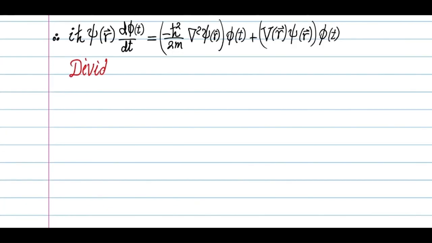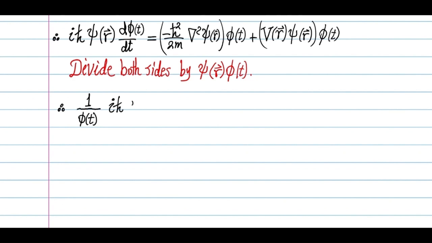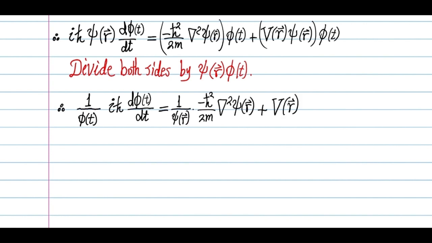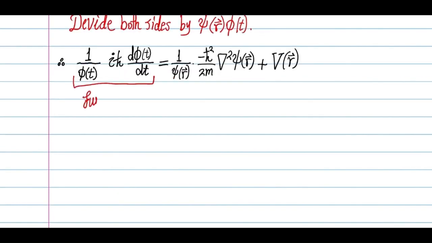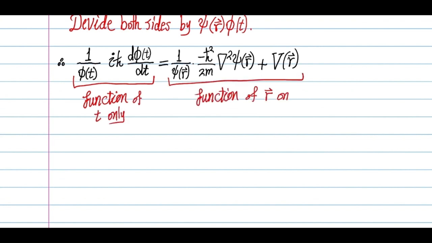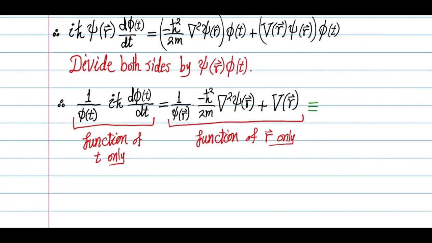Now divide both sides by psi times phi. The left-hand side is a function of t, while the right-hand side is a function of r, so if they are both equal, then each of them individually has to be a constant.